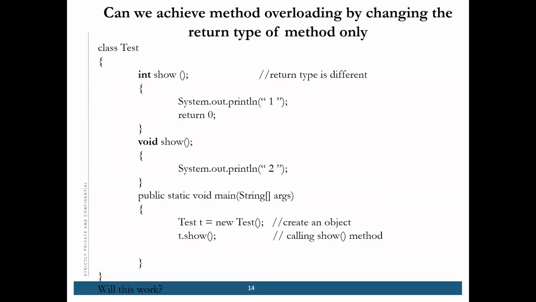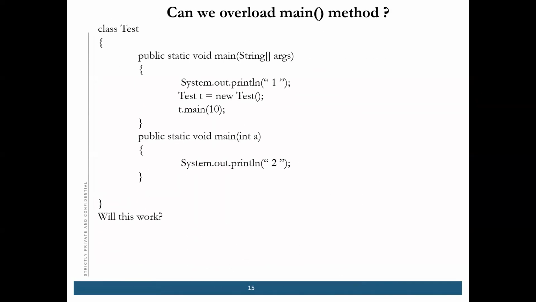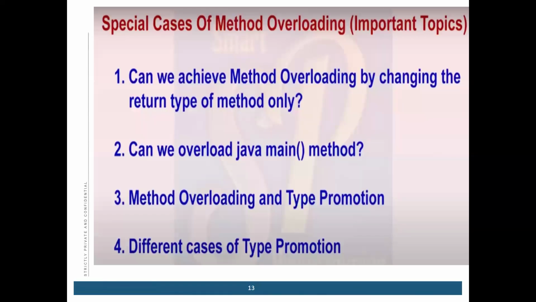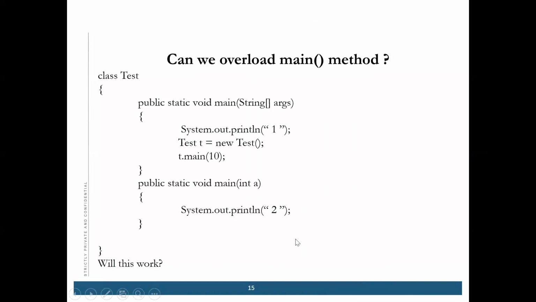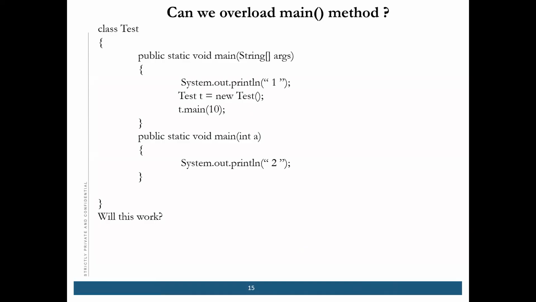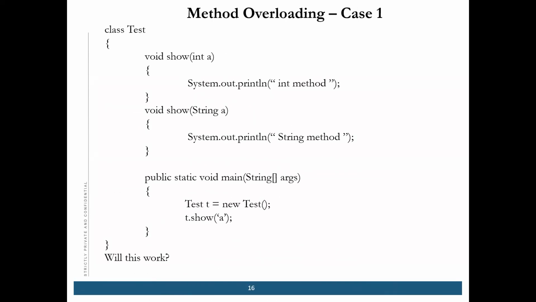Don't go into too much detail, I have explained it in a very detailed form, but we can just learn how we have to do it. Can we achieve method overloading by changing the return type? This we have already covered. The main method, this also we have covered.